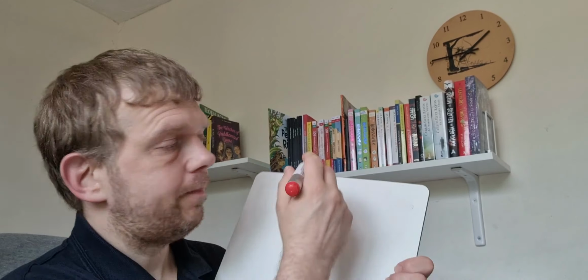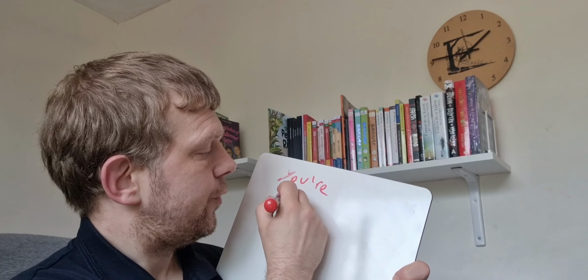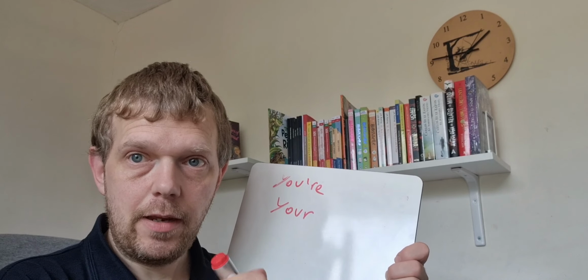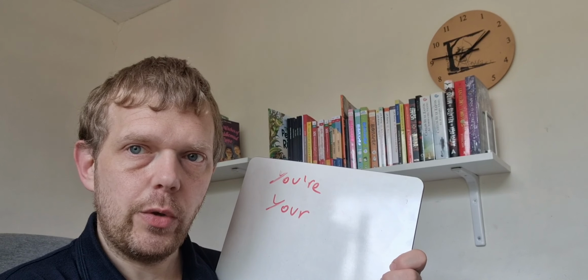Another mistake is the use of you're or your, often confused because they are pronounced the same. So when writing, people sometimes get them confused. You're is a contraction of you are, and your, once again, is possessive.